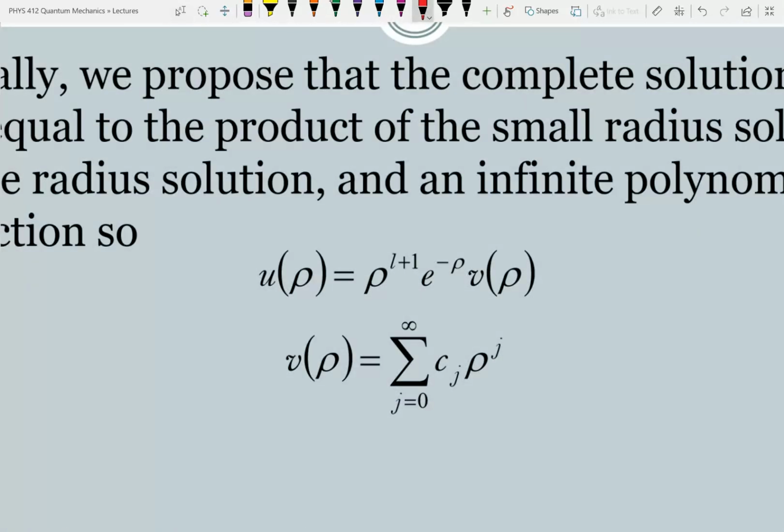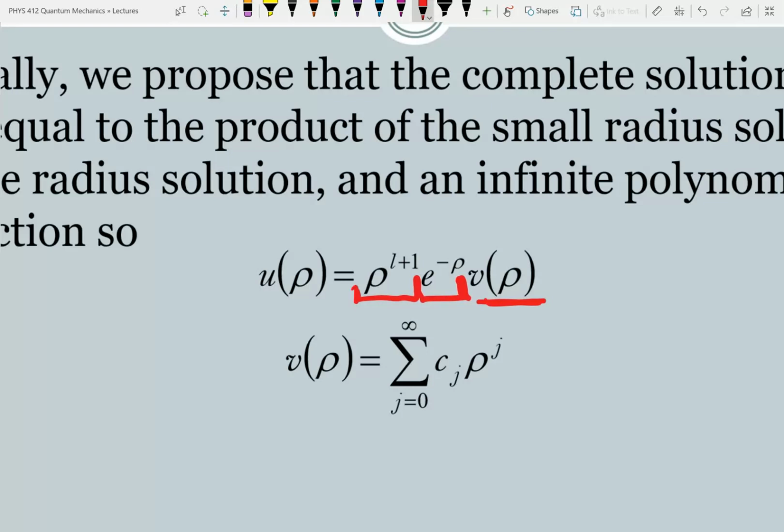Here is our small radius solution, here's our large radius solution, and we just took the normalization constant out and put it into the polynomial. So that's got to be a solution, but we need to test it to see how it works.